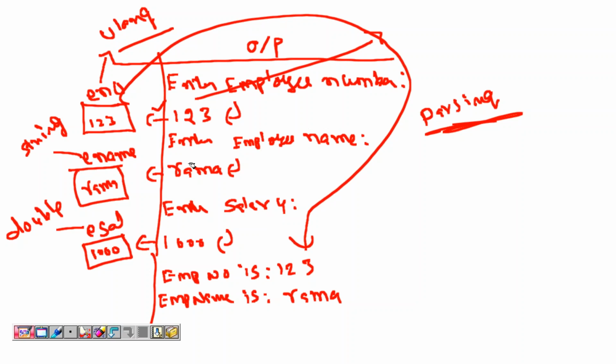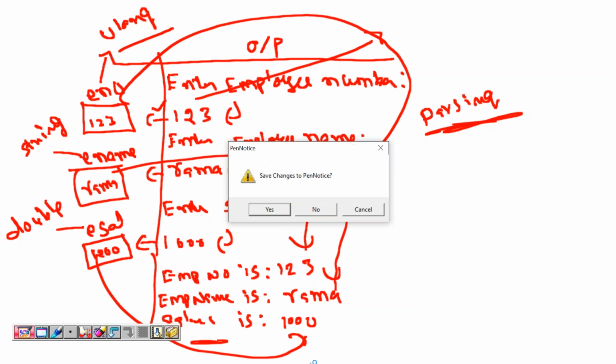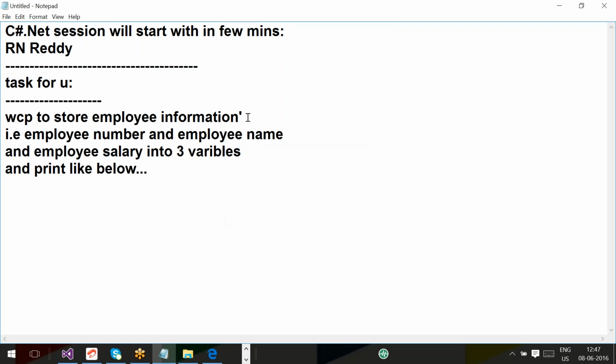Salary is 1,000. You are printing like that. This is the requirement. Whenever you want to implement typecasting, you go for a concept called parsing.